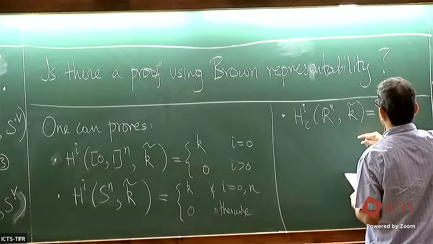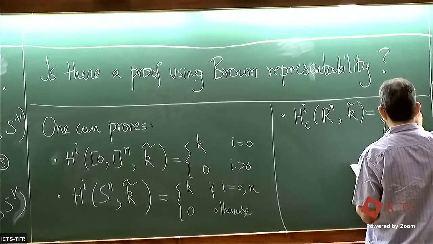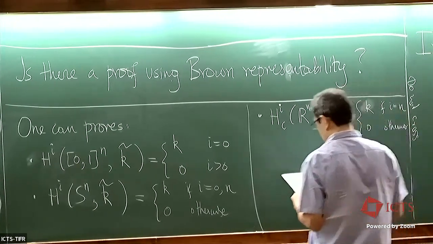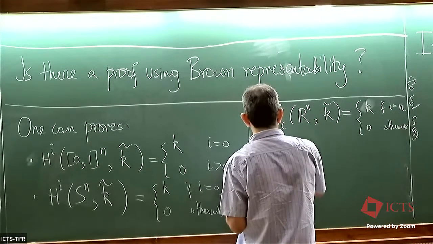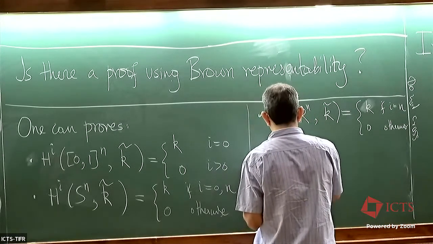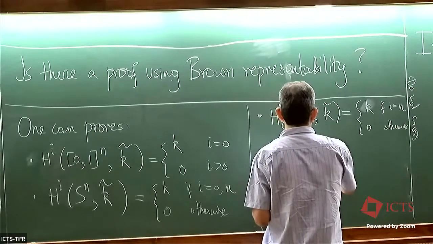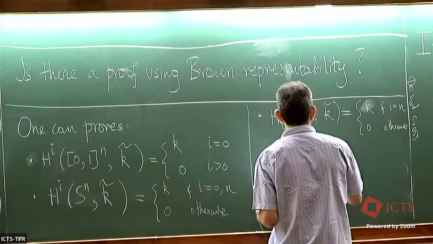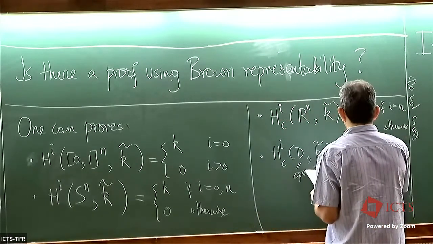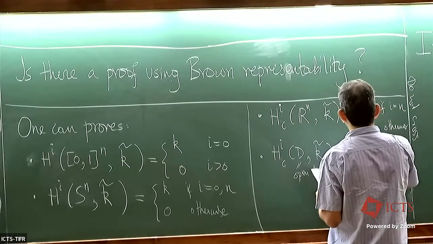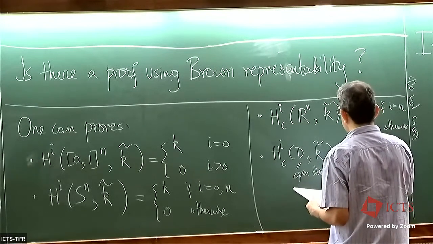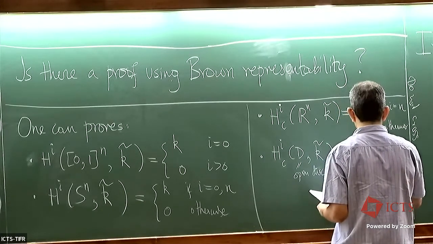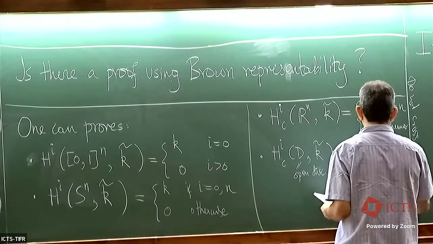Say it is k if i is n and 0 otherwise. So this is the open disk. And again, same thing, but not just that, I would say that this is an isomorphism to H^i_c(R^n, k tilde) under the inclusion map.